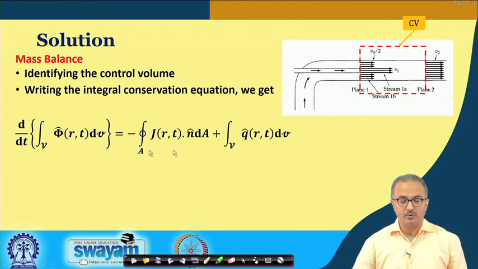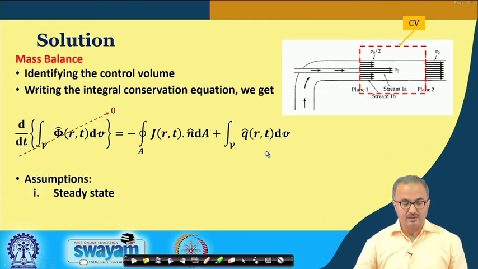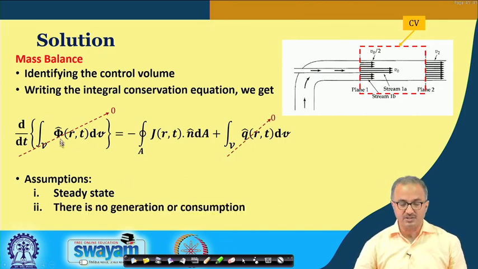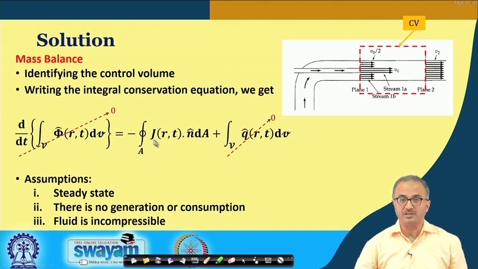Now we put our integral conservation equation here, and the assumption is that it is steady state, so the first term goes to 0. Next assumption is there is no generation or consumption, so that term also goes to 0. What we are left with is this particular term, and for it we assume that the fluid is incompressible, that is, the density is constant throughout the flow.